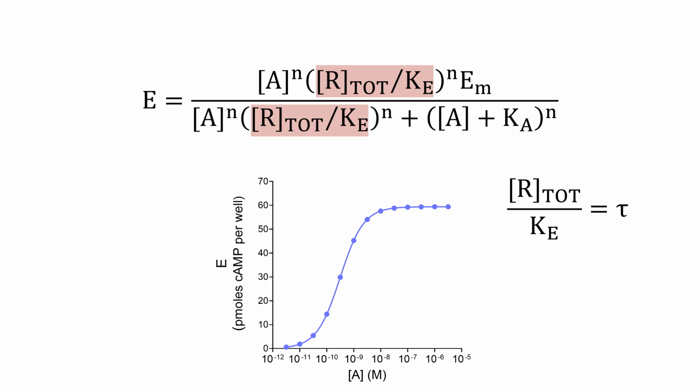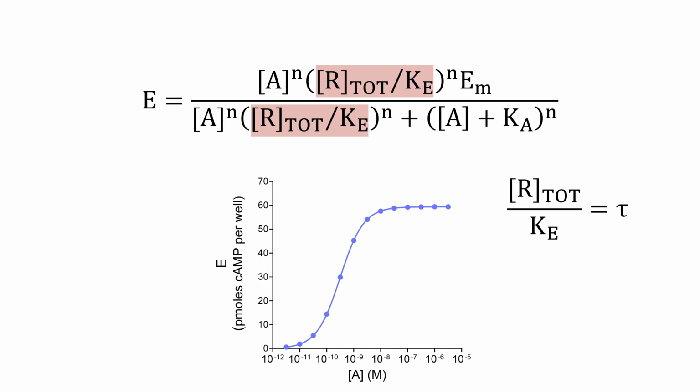This R tot over Ke term can be represented by a single parameter in the model, which is called tau. Tau is simply R tot divided by Ke. Tau is a global parameter defining the interaction of the agonist-receptor complex with the signal transduction system.